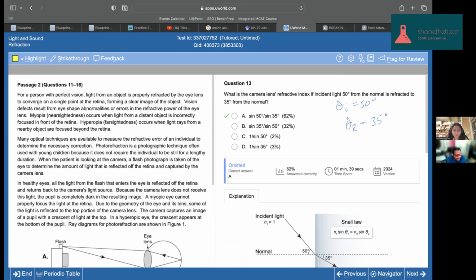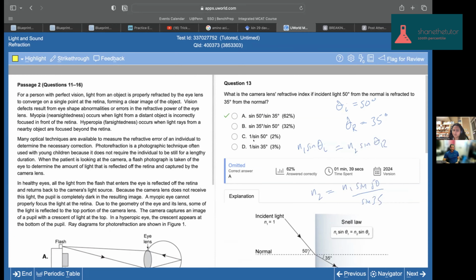So we need to find, so we'll have N1 sine of incident angle equal to N2 sine of the angle of refraction, and N2 is what we're looking for. So N2 would be N1 sine of 50 over sine of 35 degrees.